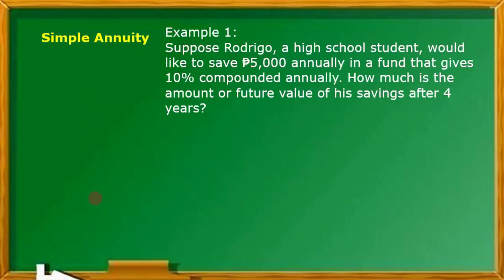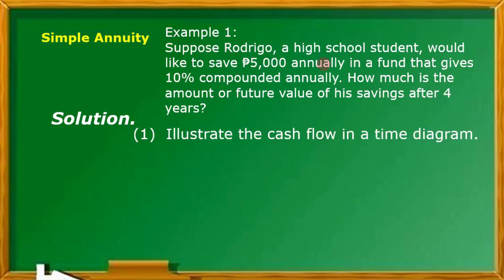This is a simple annuity because the interest is compounded annually and the term of payment is 4 years, but he has to deposit 5,000 pesos per year. So it is a simple annuity, in which case the interest period is equal to the payment period.